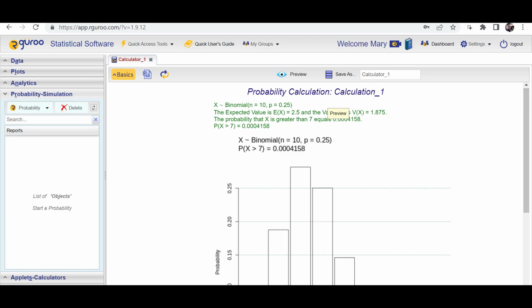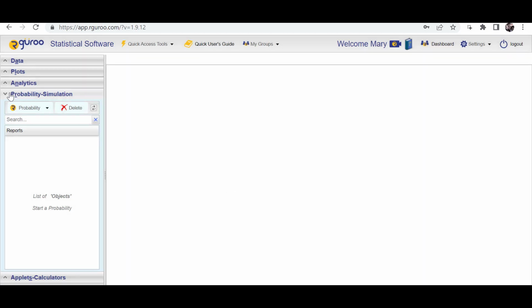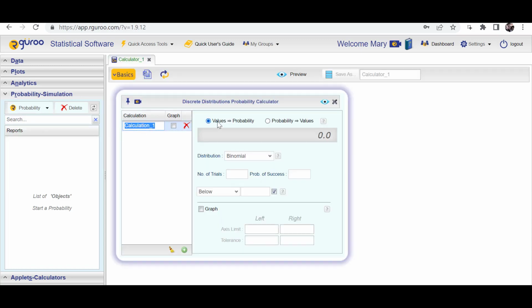What's the probability that no more than 4? So no more than 4 is less than or equal to 4. That includes 0, 1, 2, 3, and 4. It does include 4. So again, let me just start over just to remind you the full steps. Going to probability simulation, and the drop down, choose probability calculator discrete. Leave everything as is until you get to the number of trials. We enter 10.